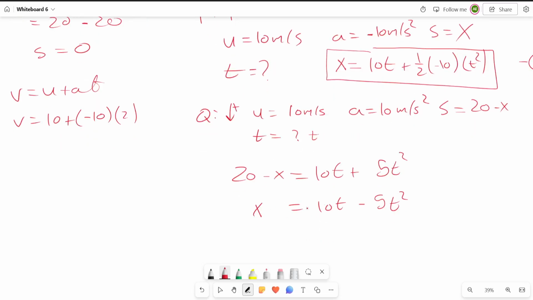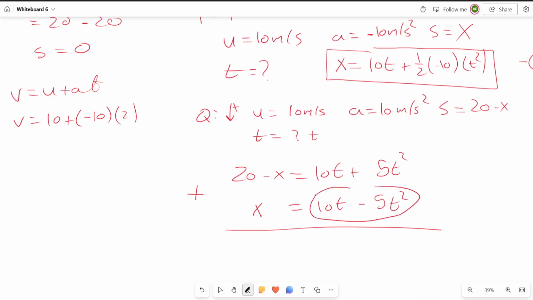Now I will need to solve these two equations simultaneously in order to find my x. I can see right away that if I add these two equations together, it's going to make my life super easy. Basically, these are simultaneous equations. You can either substitute this x over here and solve, or you can use elimination.